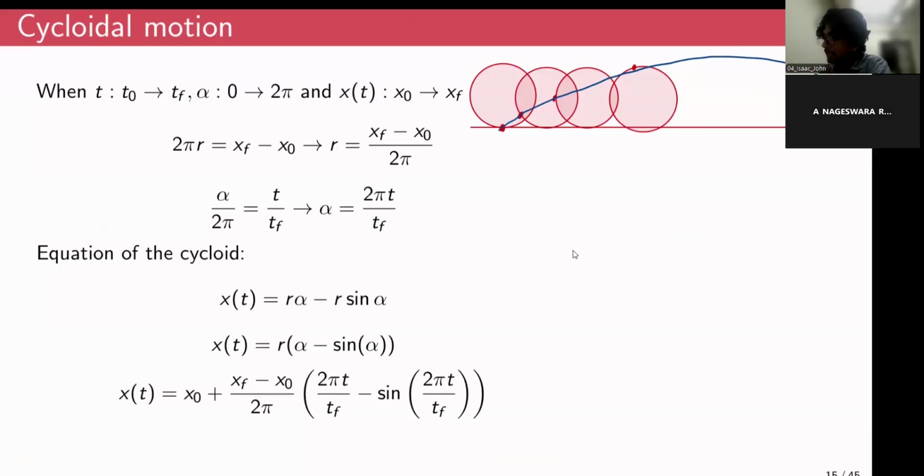So if you plan a trajectory as per how this curve moves over time, that is essentially what we call the cycloidal motion. So now we have to write a governing equation based on how the position of this point changes with respect to time.